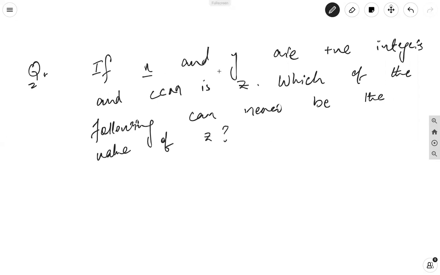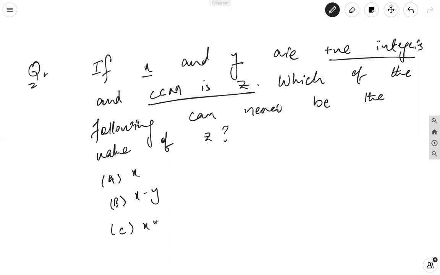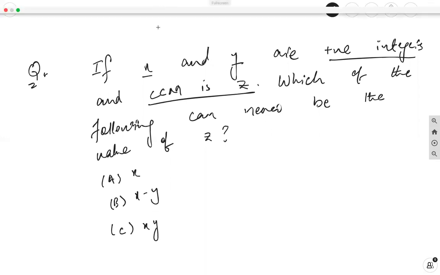Right? We have two integers, X and Y, remember positive integers, and their LCM is Z. The question is, which of the following can never be a value of Z? So we have three options. One is X, one is X minus Y, and one is XY. Just try to solve this question. You have just 1.5 minutes to solve this question.